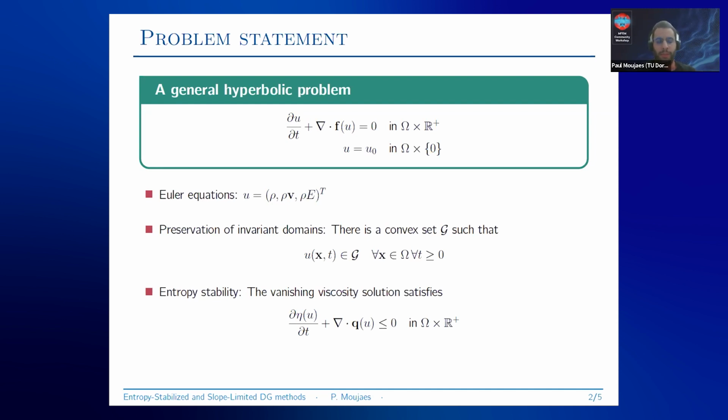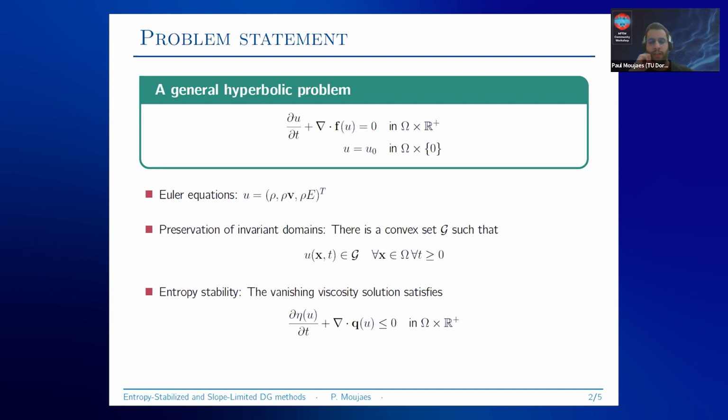Furthermore, we have entropy stability in the sense that the physically admissible vanishing viscosity solution satisfies an entropy inequality of this form, which we can see below here, where eta is some mathematical entropy and q its corresponding entropy flux.